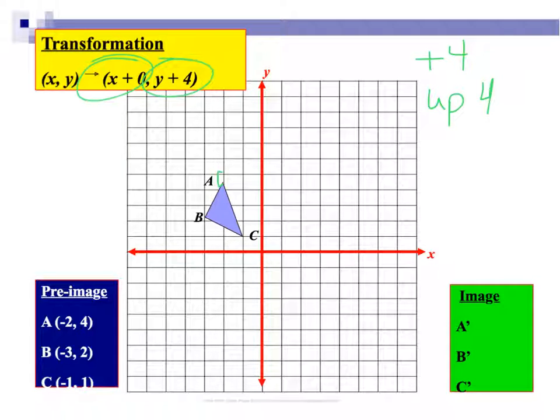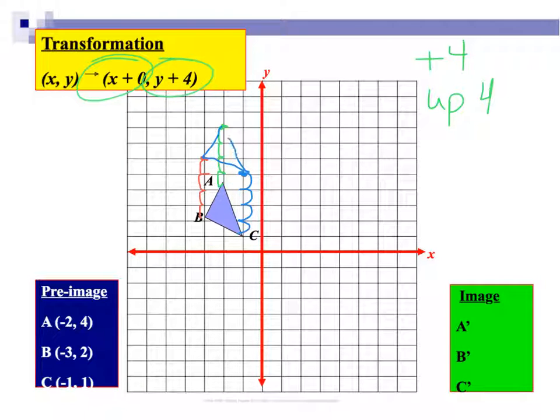So 1, 2, 3, 4. Put a point. 1, 2, 3, 4. Put a point. And then C. 1, 2, 3, 4. Put a point.